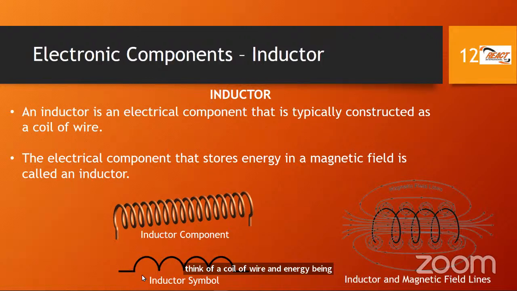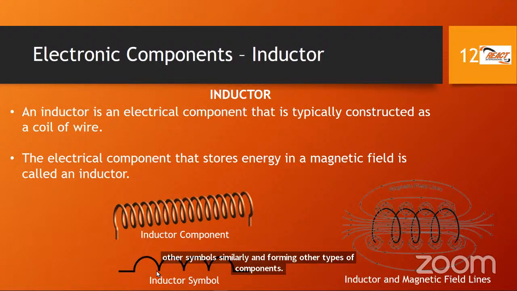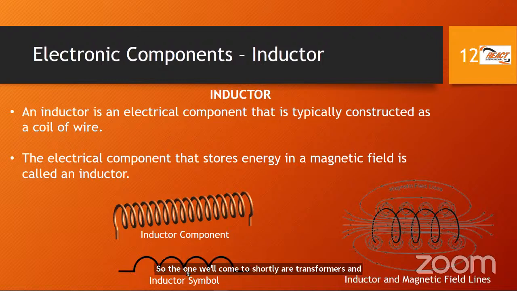And of course, we have the symbol for an inductor. Sometimes you'll see it combined with other symbols to form other types of components. The one we'll come to shortly is the transformer, and you will see that transformers use the inductor symbol. Why? Because transformers consist of coils of wire around a core.